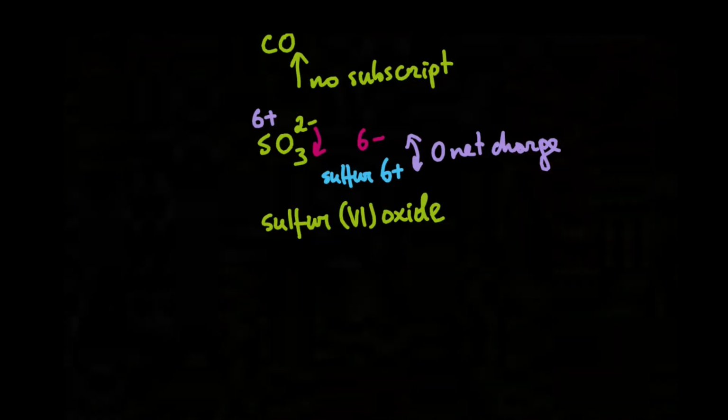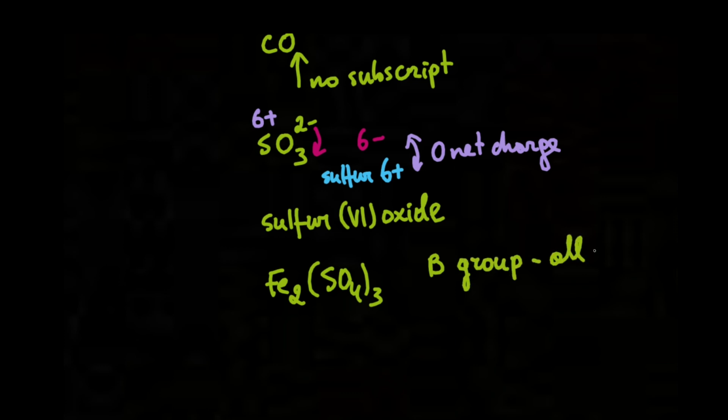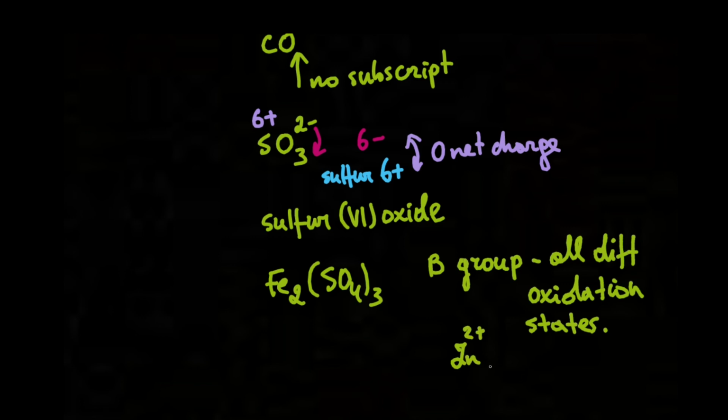Another example is Fe2(SO4)3. Now iron is a transition metal, and all of them except silver and zinc have multiple oxidation states. So we always must name them showing their oxidation state. From the table I drew before, we can look at the SO4 charge, which is 2-.